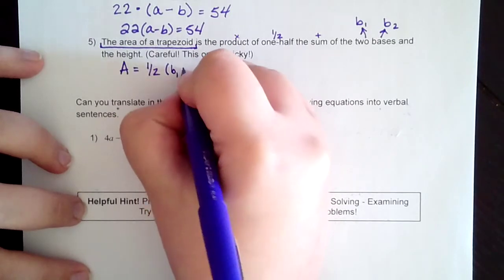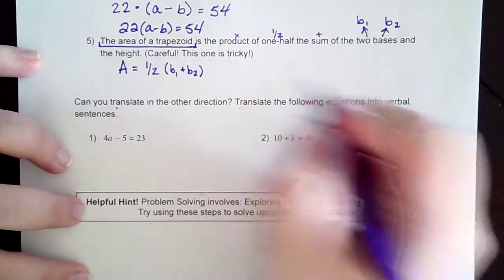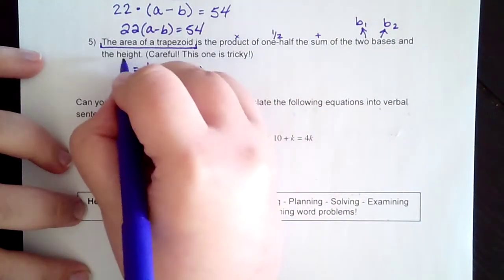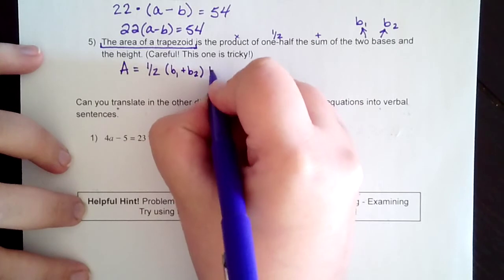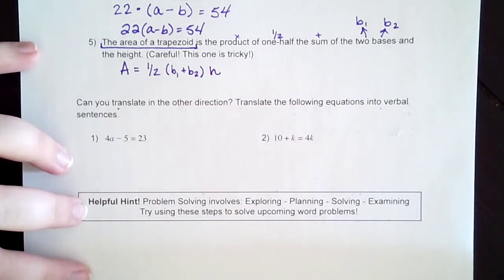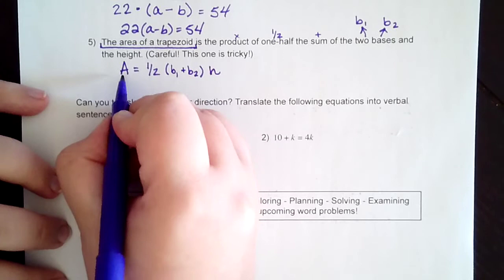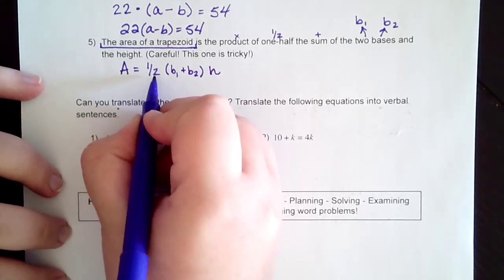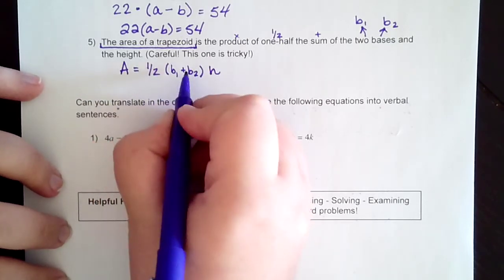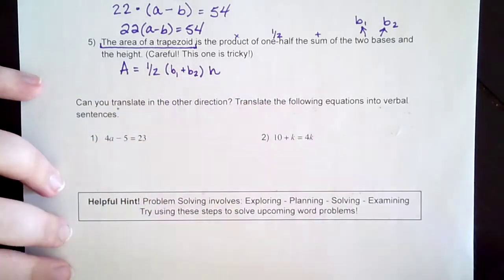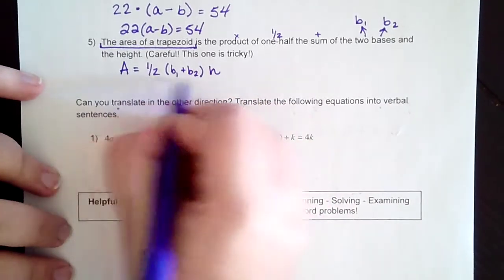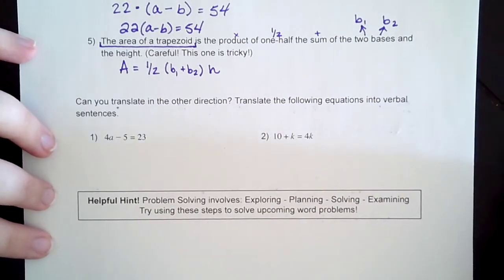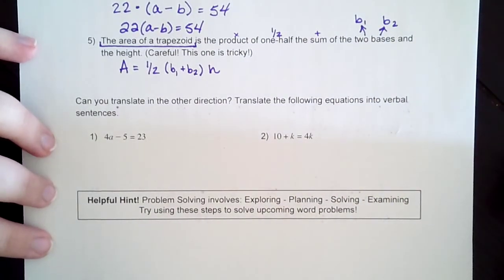The sum of the first base and the second base. It says the product of 1/2 the sum of the bases and the height. So we're still working with a product here, which means I then have to multiply by h. Let's read this again. The area of a trapezoid, A, is the product of 1/2 the sum of the two bases and the product of the height. And we got that one. That one's really tricky. But again, if you're confused, start giving some variables to those concepts so that you can work with them a little bit easier.